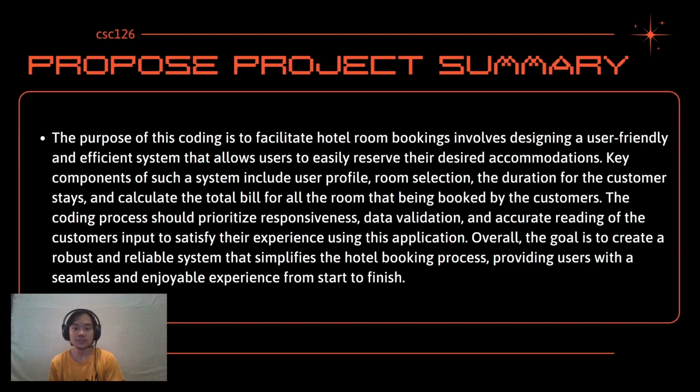The coding process should prioritize responsiveness, data validation, and accurate reading of the customer's input to satisfy their experience using this application. Overall, the goal is to create a robust and reliable system that simplifies the hotel booking process, providing users with a seamless and enjoyable experience from start to finish.